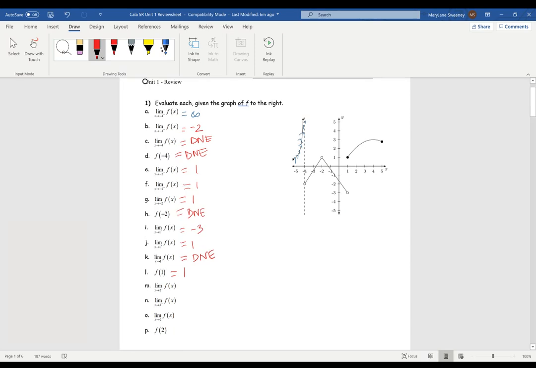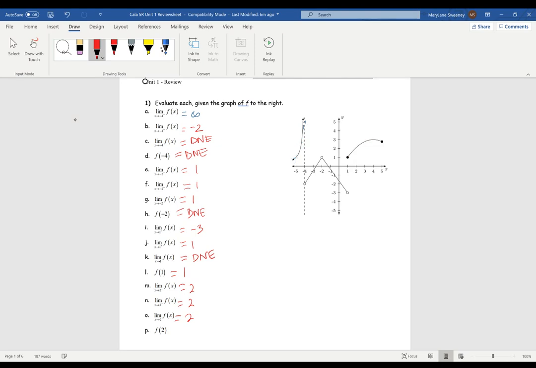Okay, next one is 2 from the left, so +2. Coming from the left, we're approaching a y value of 2. Coming from the right, we're also approaching a y value of 2, which means the limit of f of x as x approaches 2 is 2.